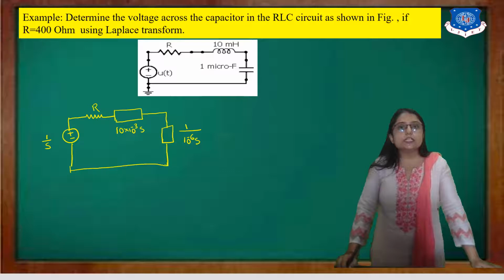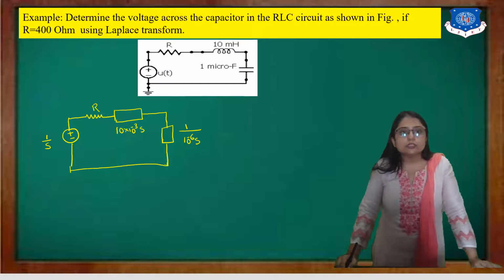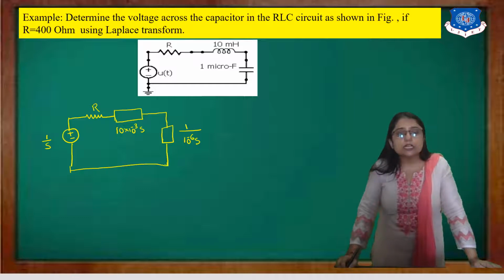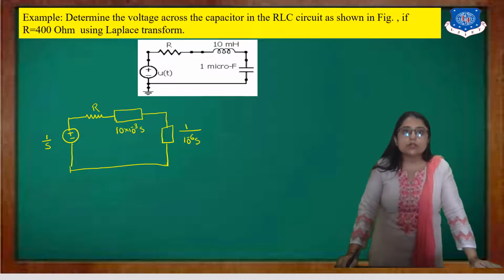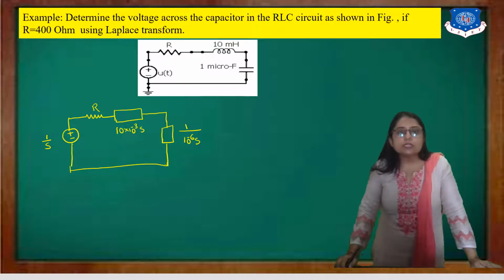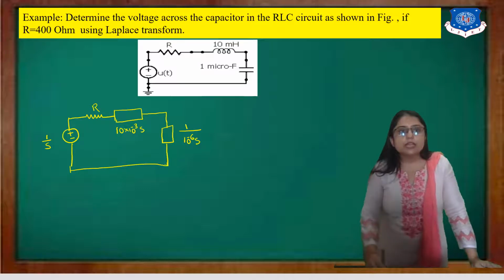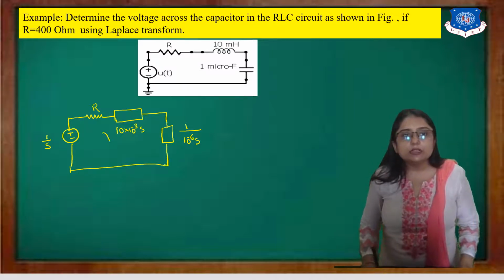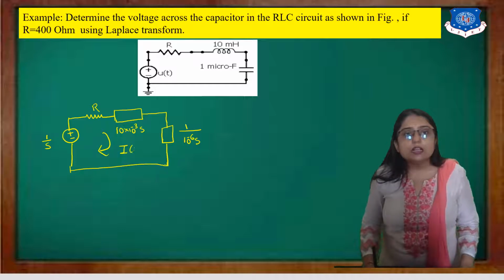When the voltage is 0, that means a short circuit. That's why in this particular diagram the initial conditions are 0: I0 plus equals 0 ampere, Vc0 plus equals 0 volt. So we are not drawing that voltage source. Our diagram is simple like this, and here the current is I of s.